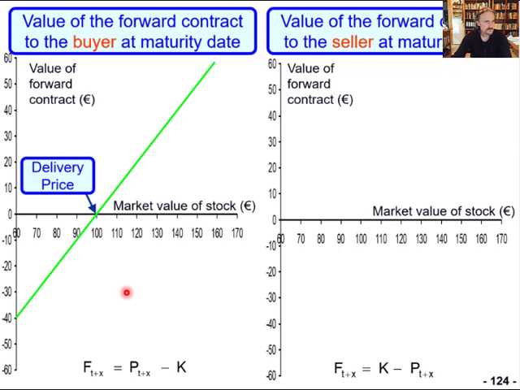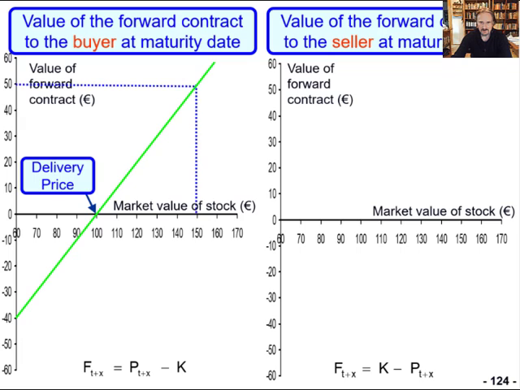To see why this line describes this relationship, let's transfer the numerical example we have just discussed to this diagram. If the market price of the underlying asset equals 150 euro, then the market value of the forward contract is equal to 50. 50 is equal to the market price of the underlying asset minus the delivery price of the forward contract.